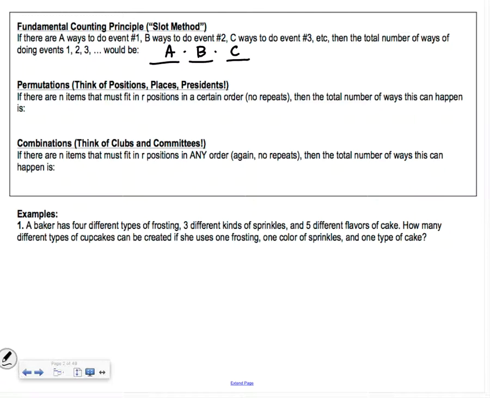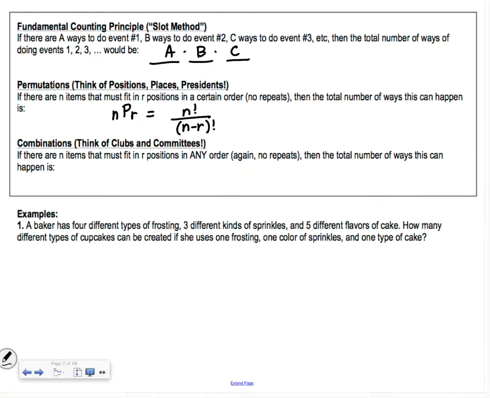So if there are n items that must fit in r positions, then we do nPr like that, which ends up being n factorial over n minus r factorial. I never like to memorize the formula.